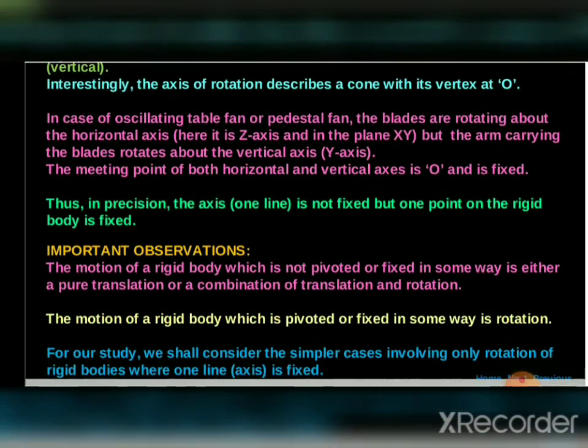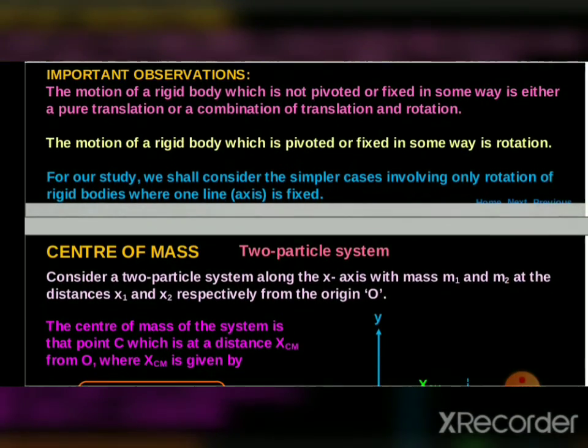Now, the other thing you have to remember is that the motion of a rigid body which is not pivoted or fixed in some way is either pure translation or a combination of translation and rotation.